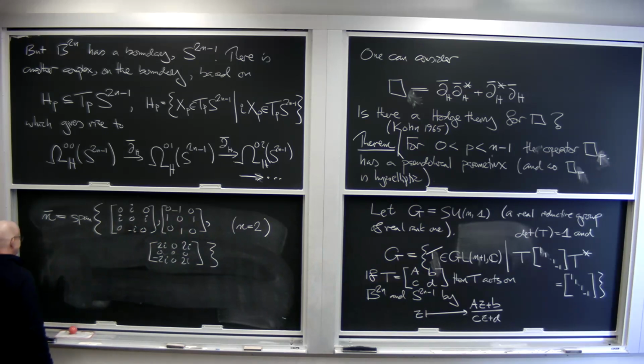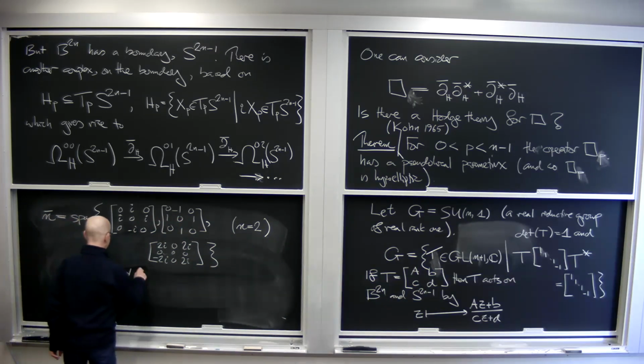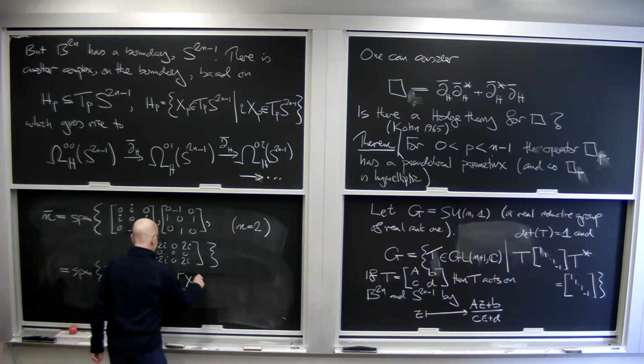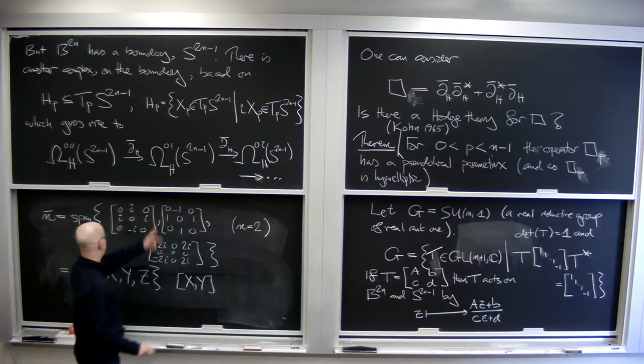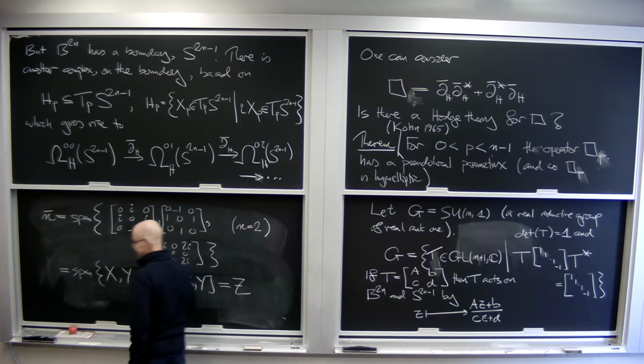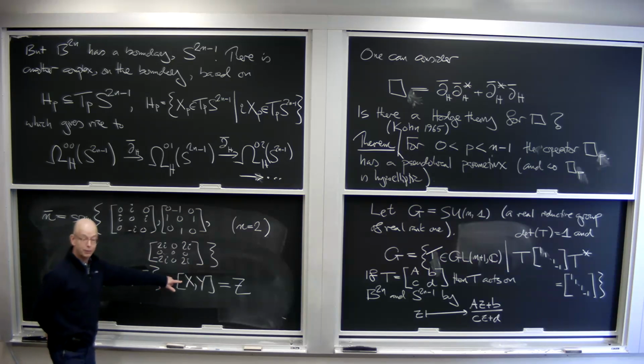Okay. And if you call these fellows X, Y, and Z, then actually, I'm not sure about the order in which I wrote these down. Either the bracket of X and Y is Z, or the bracket of X and Y is minus Z. And that's it. That's the only non-trivial bracket relation.